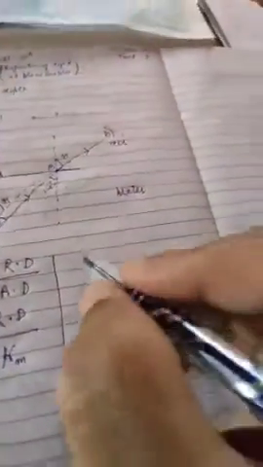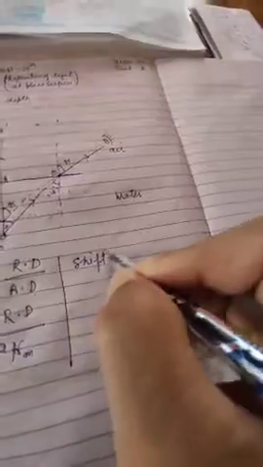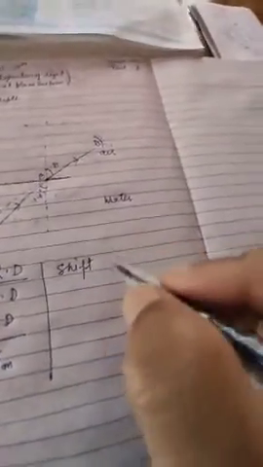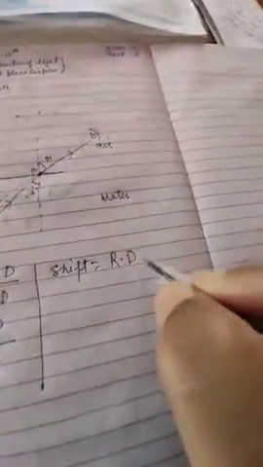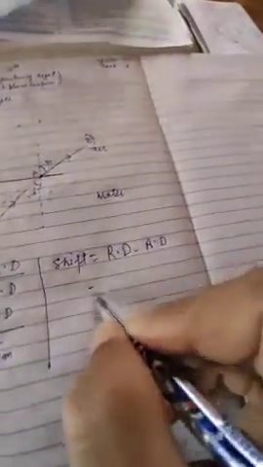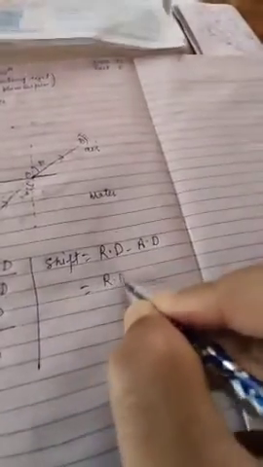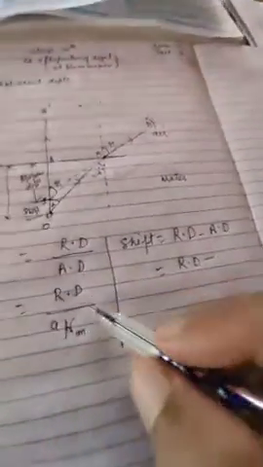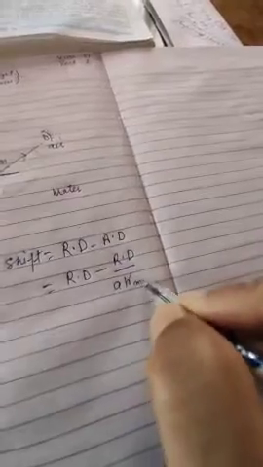Now shift means how much the object seems to be raised up. So shift is equal to real depth minus apparent depth. So we can write here real depth minus, you can apply this relation here, RD upon refractive index of the medium with respect to air.